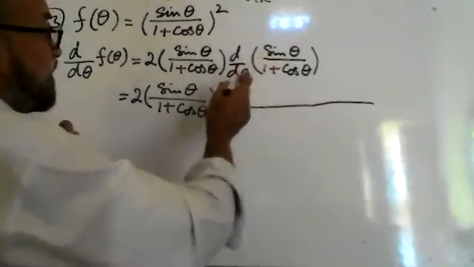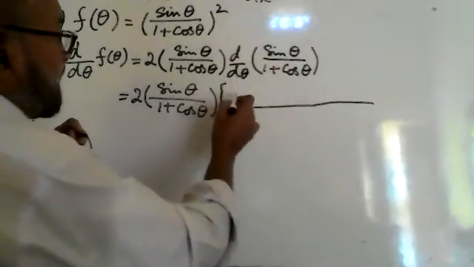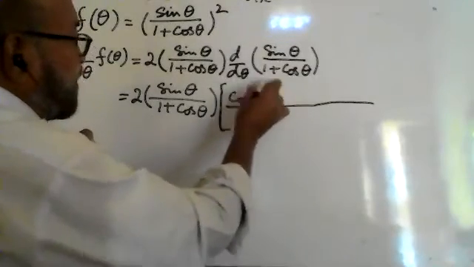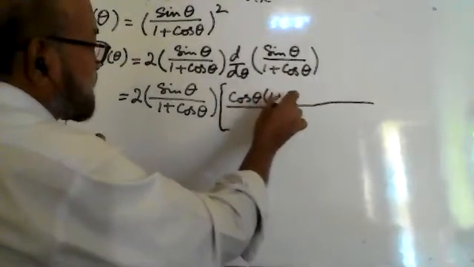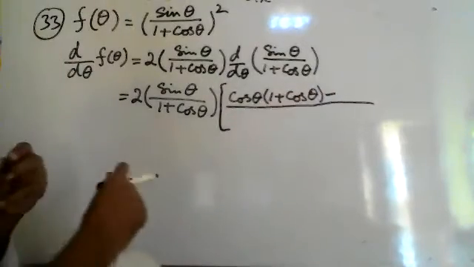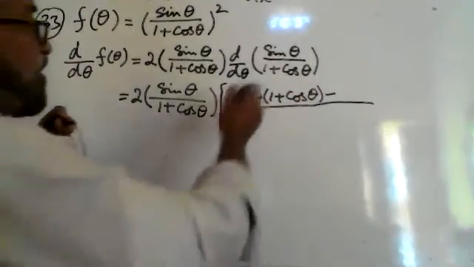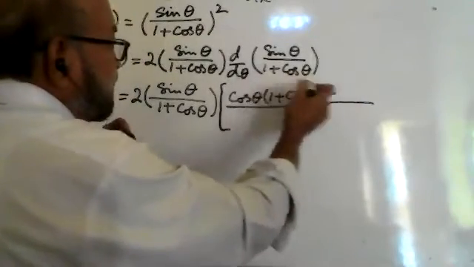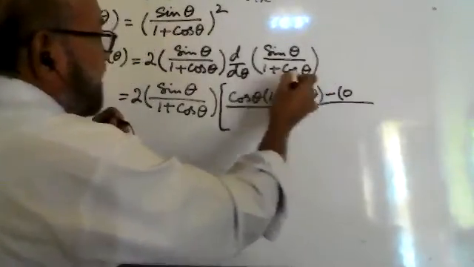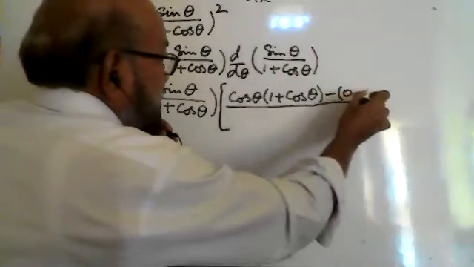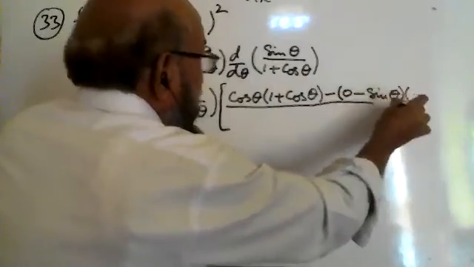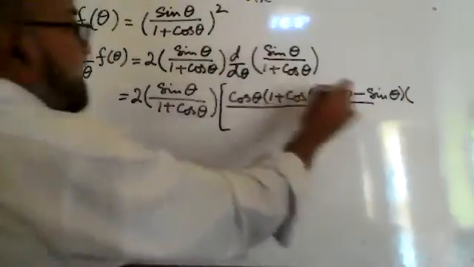Derivative of numerator, upper function, that will be cos theta into denominator as it is 1 plus cos theta minus derivative of the denominator. The derivative of 1 will be 0 and derivative of cos theta will be minus sine theta into sine theta as it is.